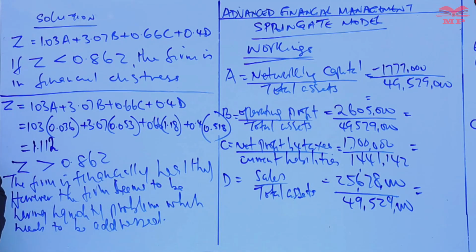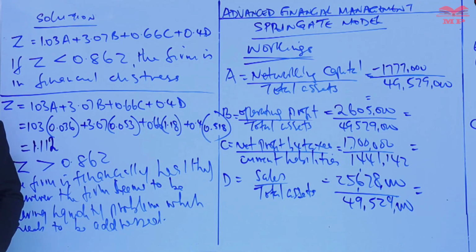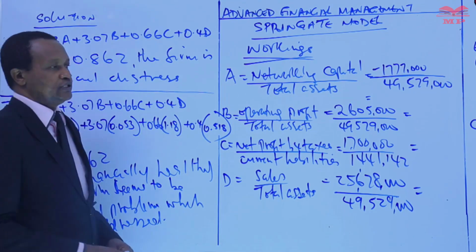So that's how to use the Springate model in assessing the financial health of a firm. Any questions?